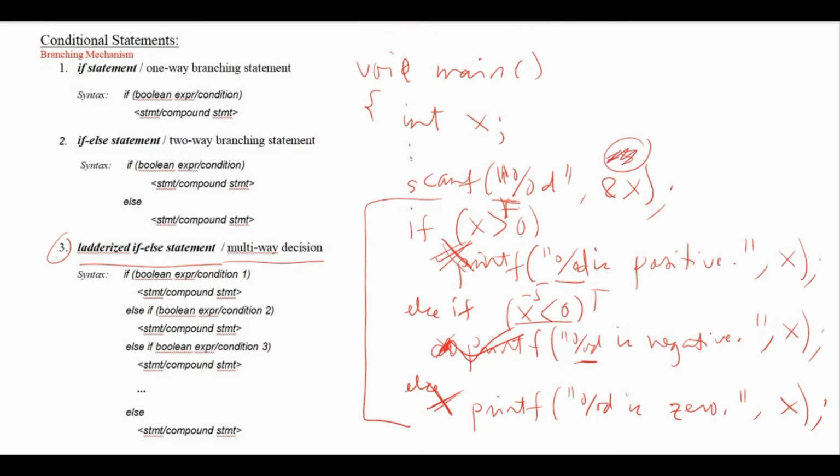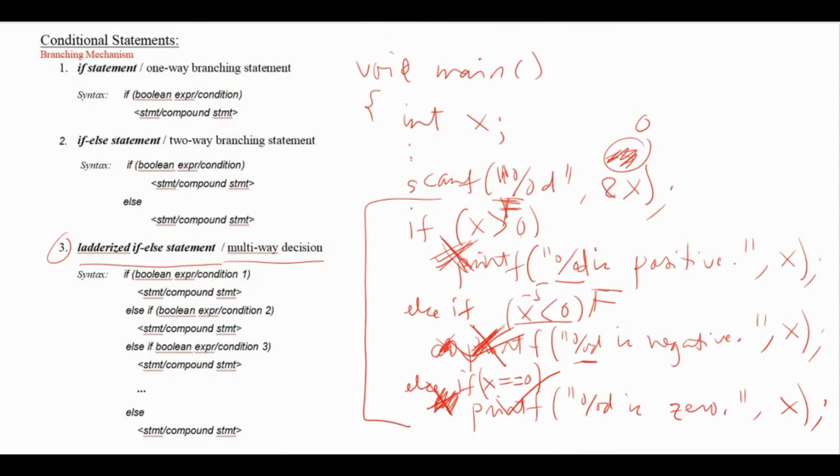But if the user inputs 0 for the value of x, then this is false, and so this is not executed. This is also false, and so this is not executed. And automatically, this last printf here is executed. No need for you to say if x is equal to 0.